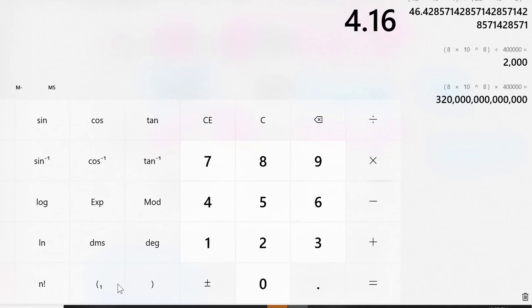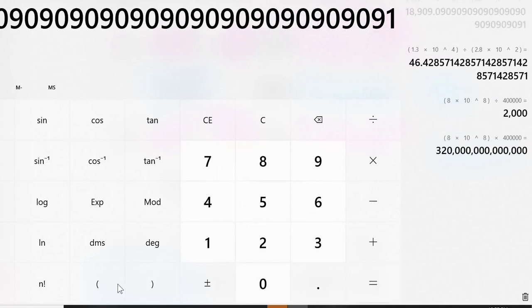4.16 times 10 to the 8th, close my parentheses, divide by 2.2, I forgot them again. Gotta remember the parentheses, goodness. 2.2 times 10 to the 4th, close it, push enter.